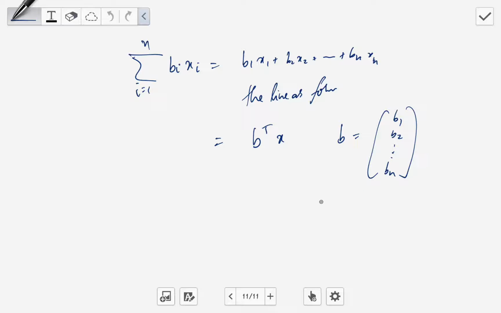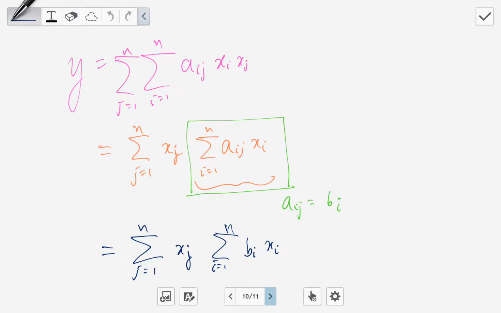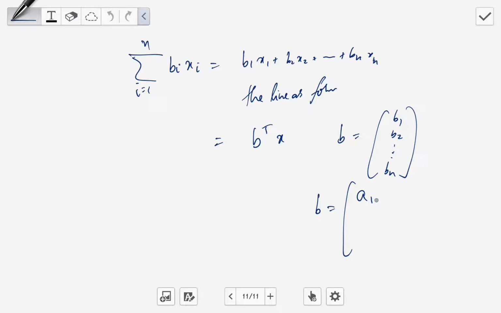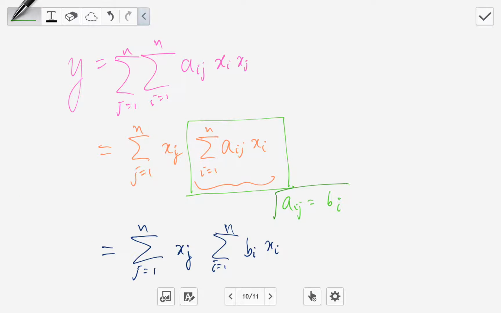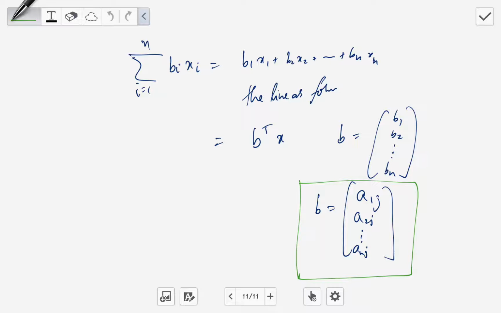So this b will be a1j, a2j, so on up to anj. Fine, that will be this b. So let us just have it in the back of our mind that this b is this. Fine, now that is okay.